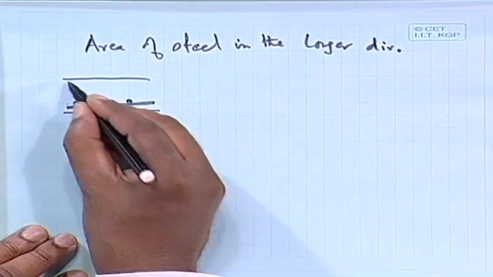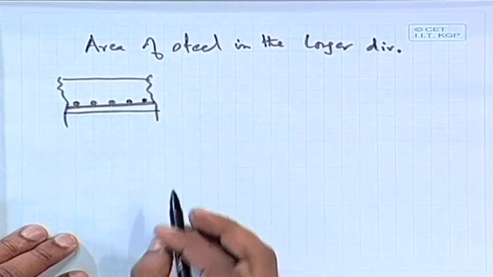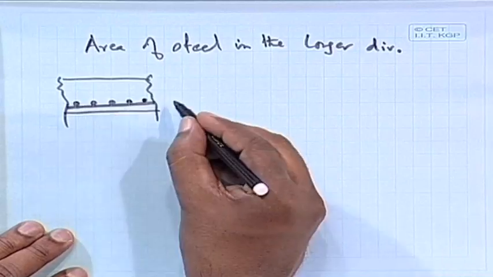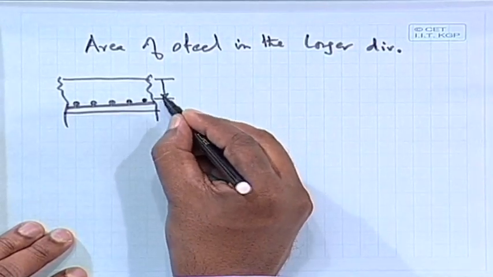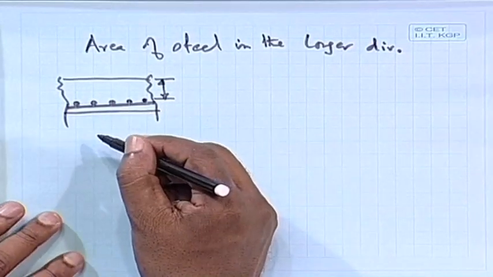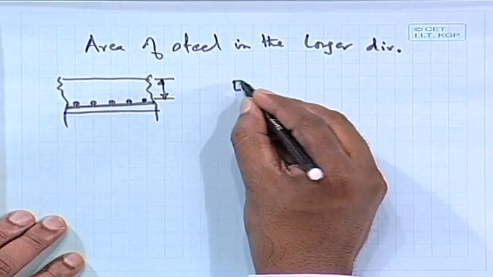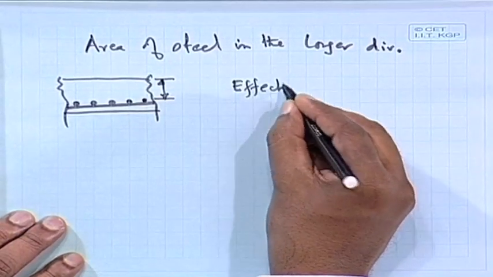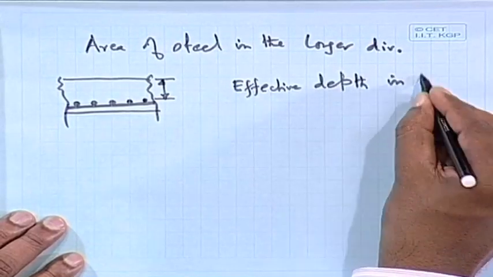This is your shorter side reinforcement and there is a longer side reinforcement. So, if this is your longer side reinforcement, your effective depth will be less, effective depth will be less. So, what we shall get here then is the effective depth in the longer side.